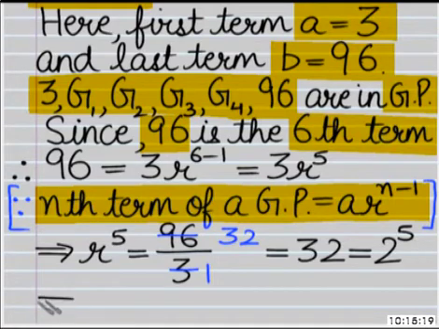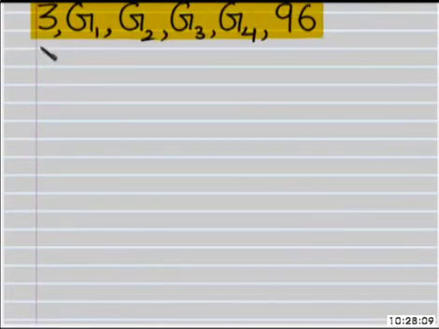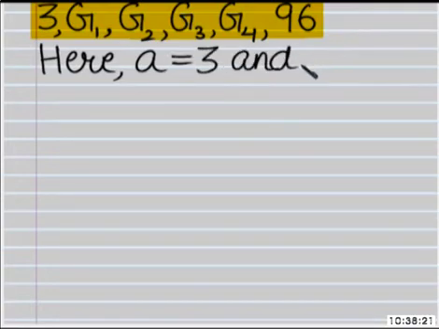So on solving it, we get the common ratio r is equal to 2. So here we have first term, that is A, is equal to 3 and common ratio, that is R, is equal to 2.